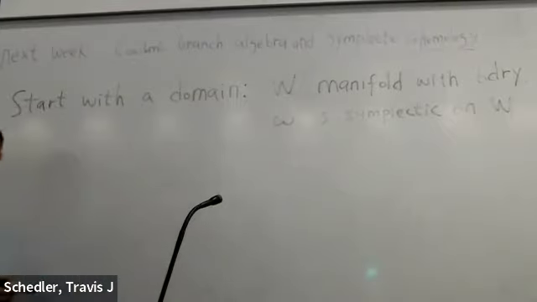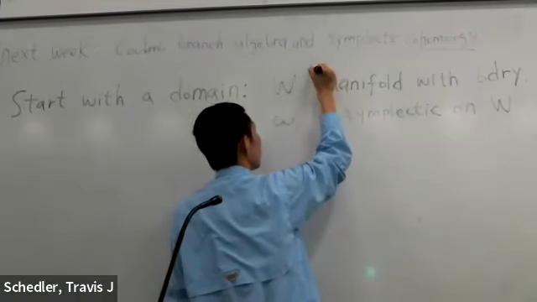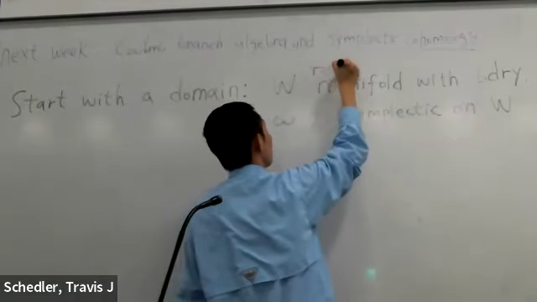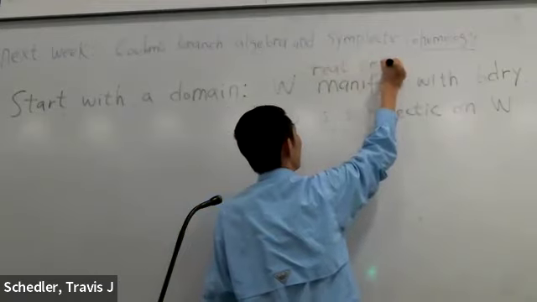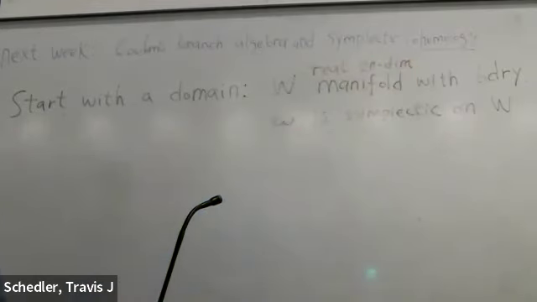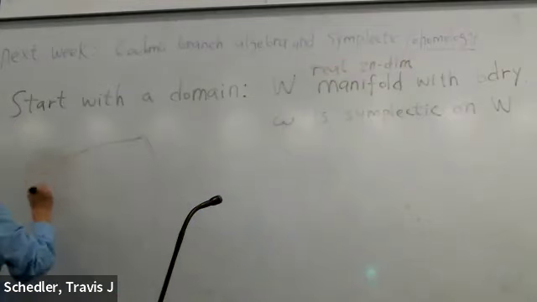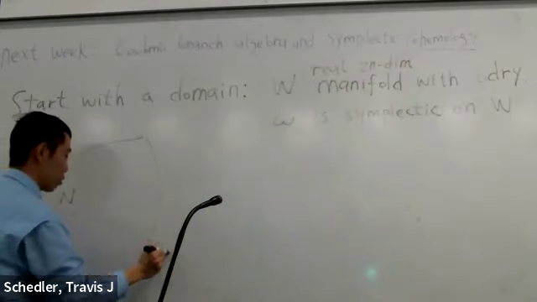And maybe we should specify for people here that it's a real symplectic form. Right. So this is a real 2n-dimensional manifold with boundary. Omega is a real symplectic form. This is W. This is the boundary.